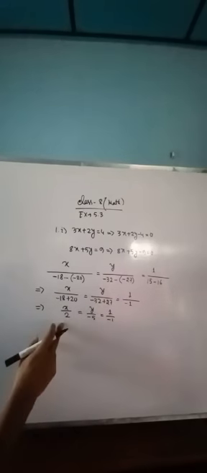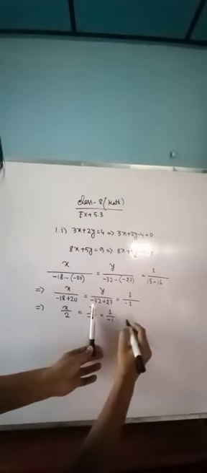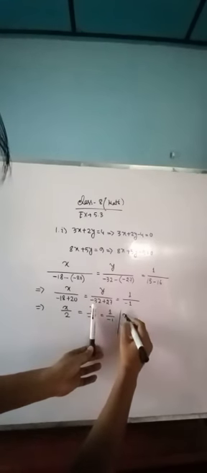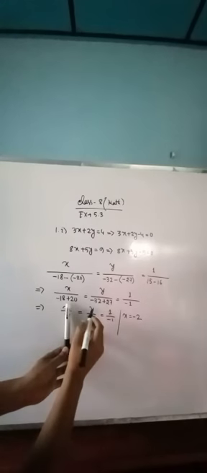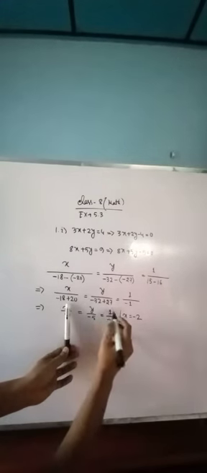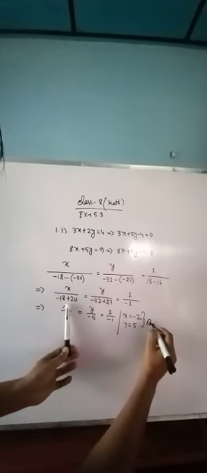Whenever I think x, again block the y. That means x into minus 1, 2 into 1. Therefore, x is equal to minus 2. And y, whenever y into minus 1, minus y, minus 5. So y means 5. This is the answer. Am I clear to all of you?